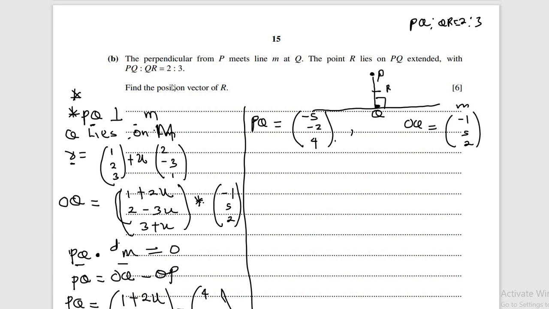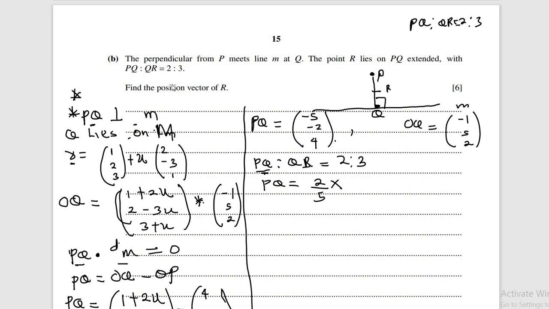Remember that the point R lies on PQ in this ratio, such that PQ to QR is 2 to 3. Which means the part of PQ will be 2 over the total ratio multiplied by the line they belong to.